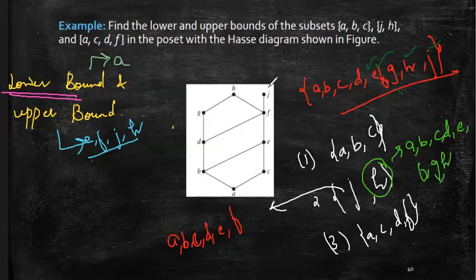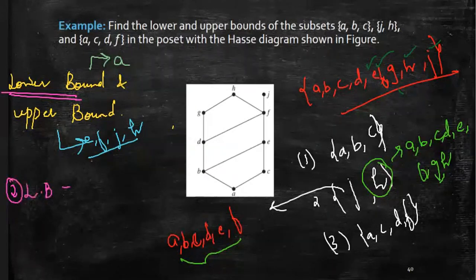The reason we are not taking J is that it is in no way connected to H and there is no path between both of them. Now what will be the common elements? The common elements are the same, A, B, C, D, E, F. So for the second case, the lower bound is A, B, C, D, E, F.